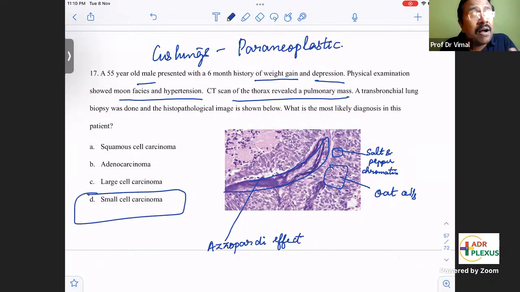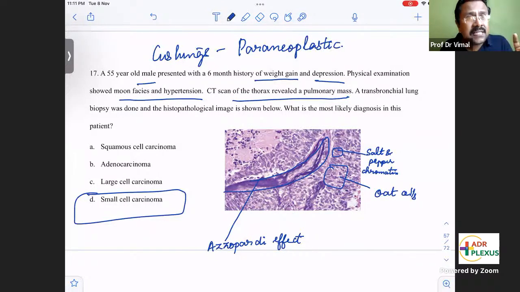Please remember, in squamous cell carcinoma, the paraneoplastic syndrome usually seen is hypercalcemia. Okay, hypercalcemia. Very good, Arun. And which is the lung cancer with a lot of paraneoplastic syndromes? It is small cell carcinoma. It is also a highly aggressive tumor, strongly associated with smoking.